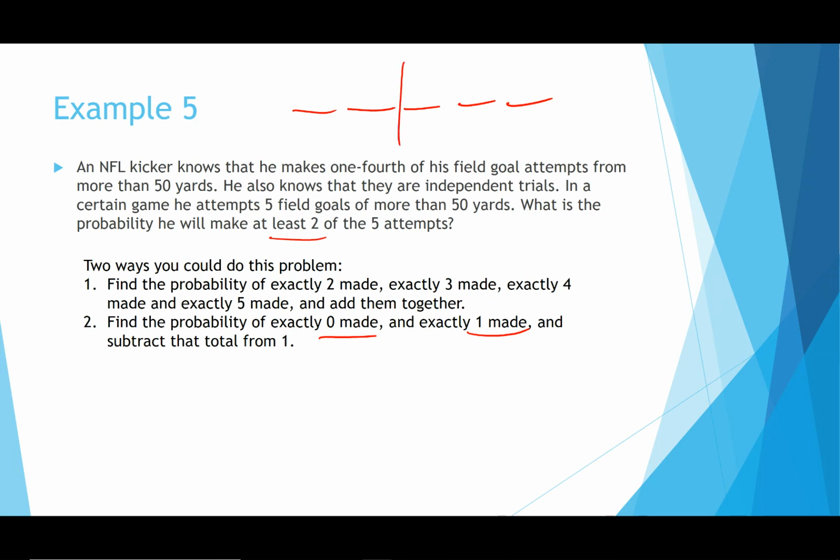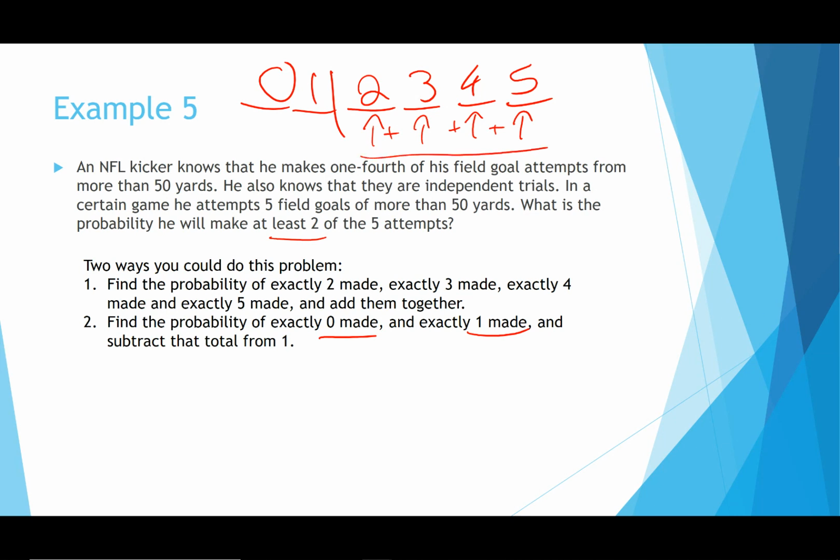So if we were to do that, I guess this would be for 0 made, 1 made, 2 made, 3 made, 4 made, and all 5 made. We would have to find the probability of exactly 2, add it with the probability of exactly 3, add it with the probability of exactly 4, and add it with the probability of exactly 5 to get a total here. So that's option 1, like I was saying.